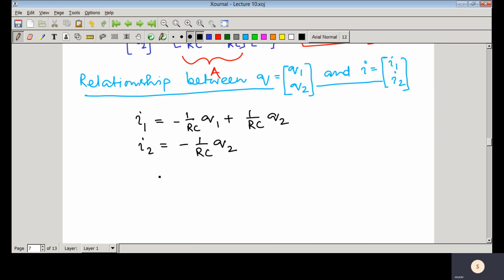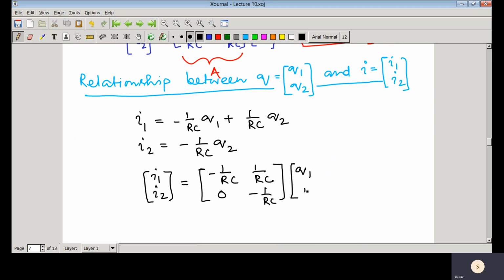Now if we write these two equations in matrix form, I1, I2 would be equal to the matrix minus 1 by RC, 1 by RC, 0, 1 by RC, times Q1, Q2.